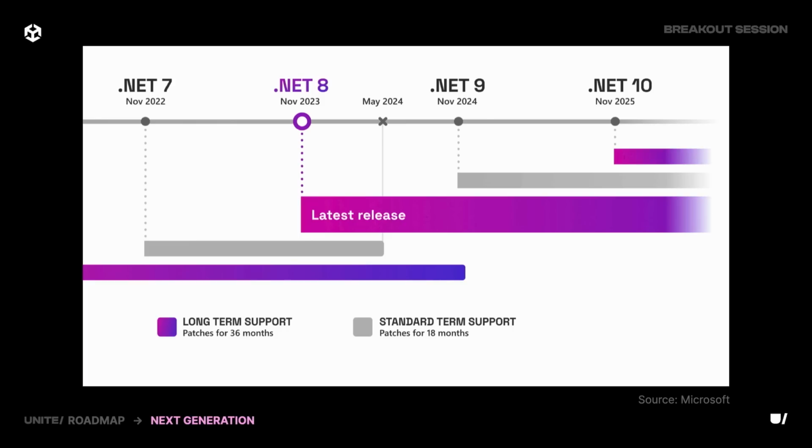First, with the move to Core CLR, we're replacing the former Mono .NET solution with Core CLR. Core CLR is, of course, Microsoft's latest and greatest VM for C#, meaning that you can always be at the cutting edge of performance. And with this Core CLR work, it means that we can always adopt the latest versions of .NET as Microsoft releases them, as is indicated here.